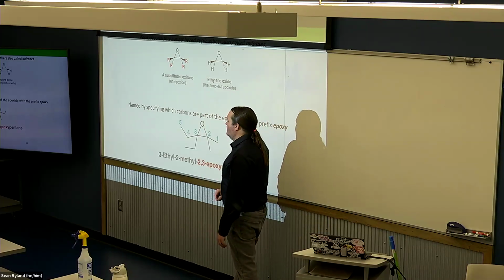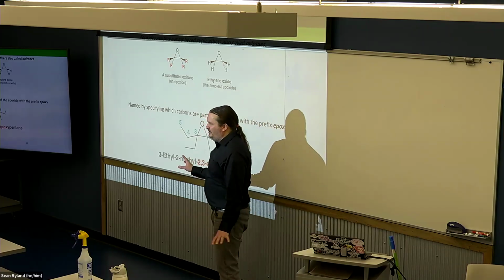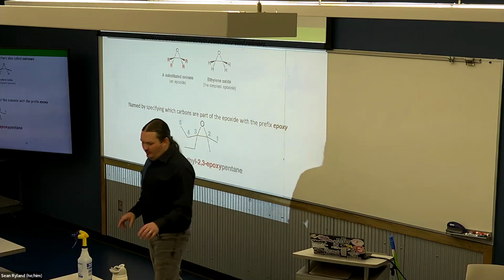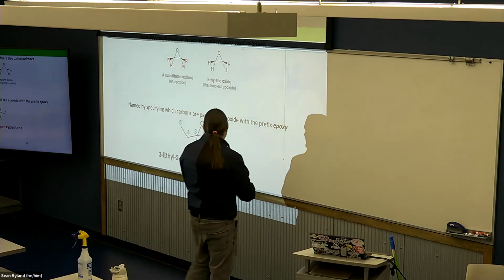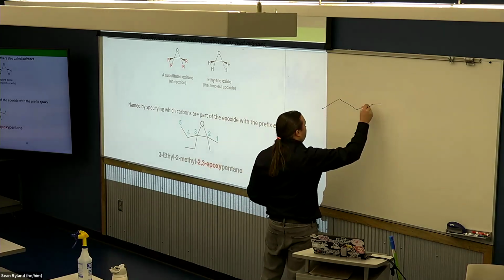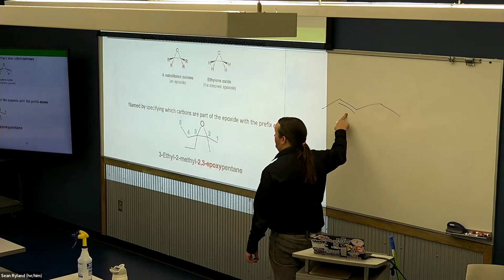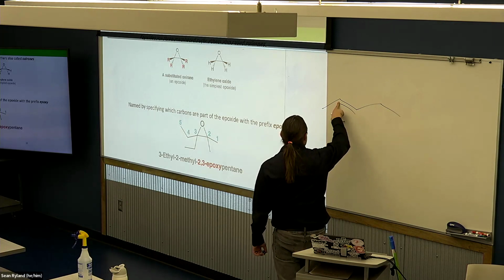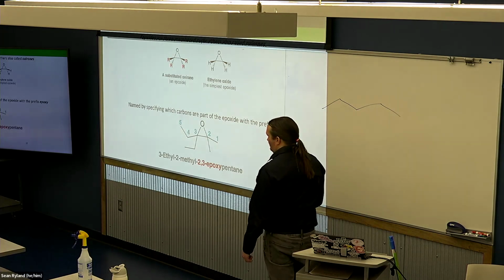For whatever reason, we don't specify both ends of a carbon-carbon pi bond, so we wouldn't say 2,3-pentene. But we do specify both sides of an epoxide.